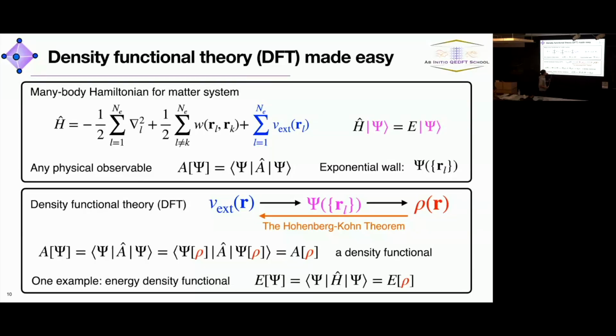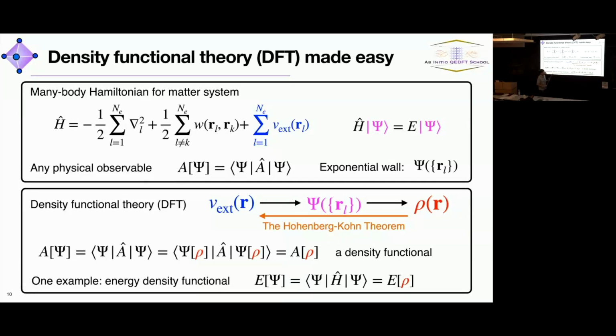One example is the energy, which is a so-called energy functional. This is the basic idea of DFT. Once you know how the energy functional depends on the electron density, you solve the problem. But the real issue is that you don't know how to compute this electron density, and we also don't know the exact form of this energy functional.